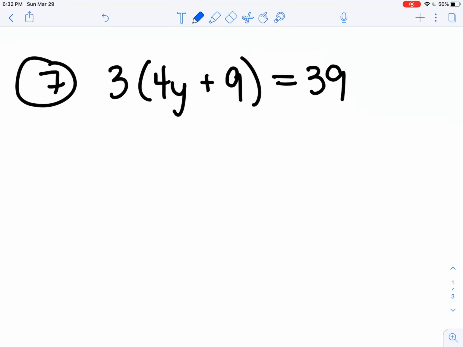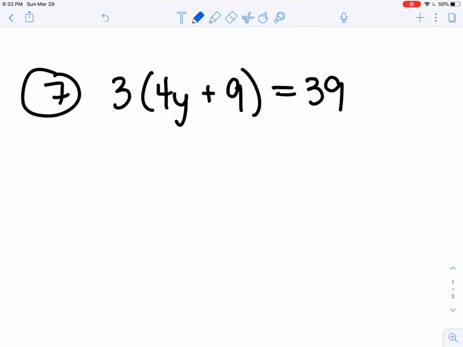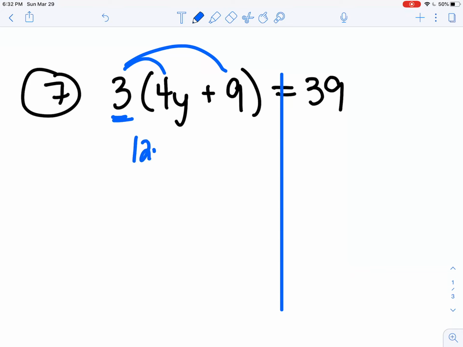Not the last problem, we've got 2 more. Number 7, if I follow my steps, the first thing that I want to look for is the distributive property. And notice here, I have a number in front of parentheses. So let's go ahead and distribute that in. 3 times 4y is 12y. 3 times 9 is a positive 27 equals 39.